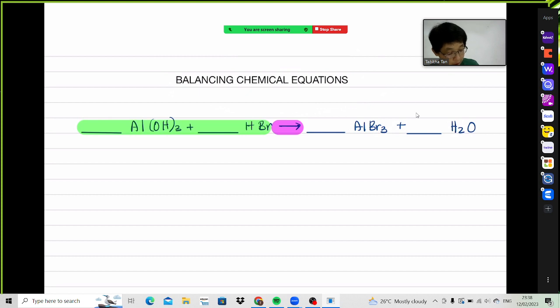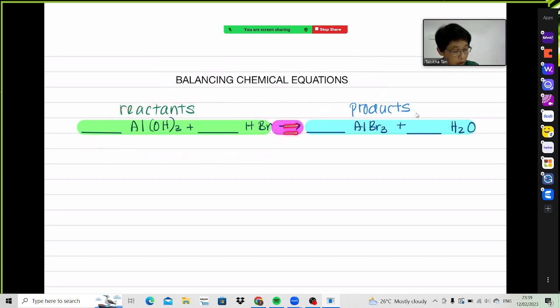So let me put in there. So these are all reactants. And then I'm going to put in the highlights on the right hand side. These are the results of the chemical reaction, and all the things that appear here are the products of the reaction.